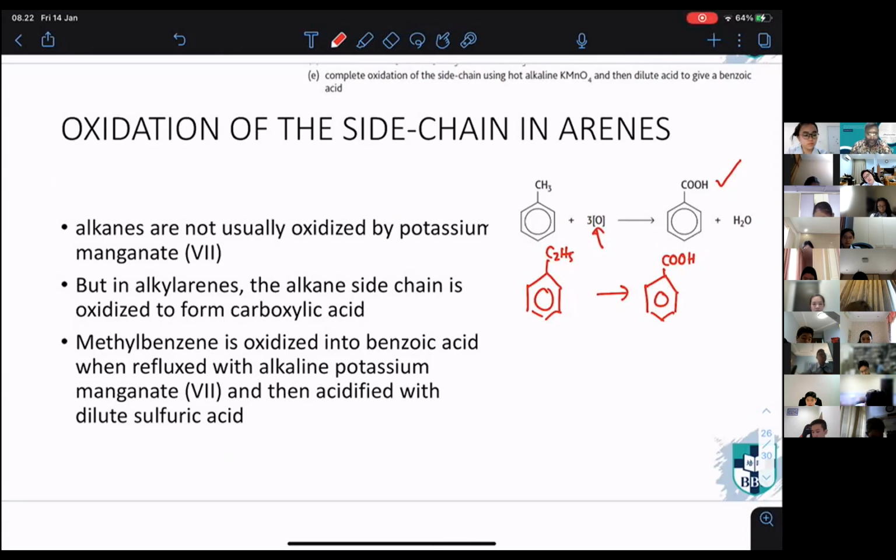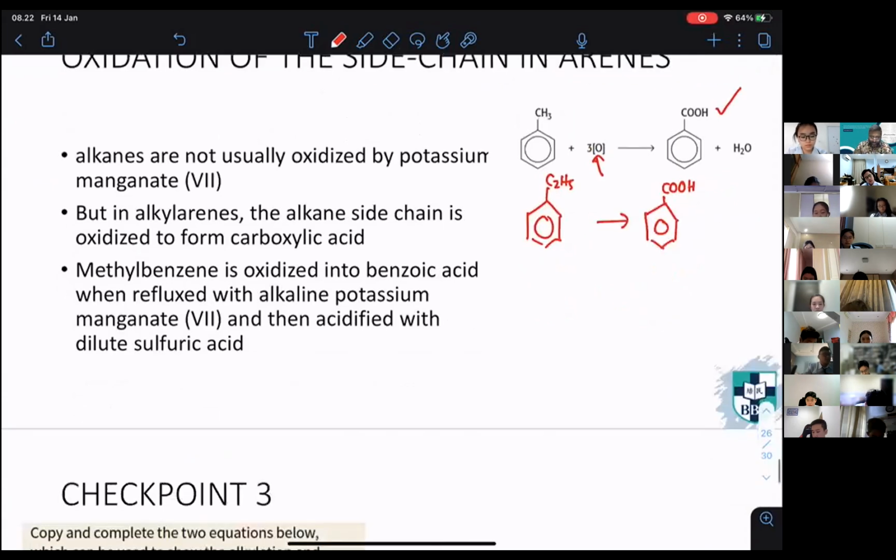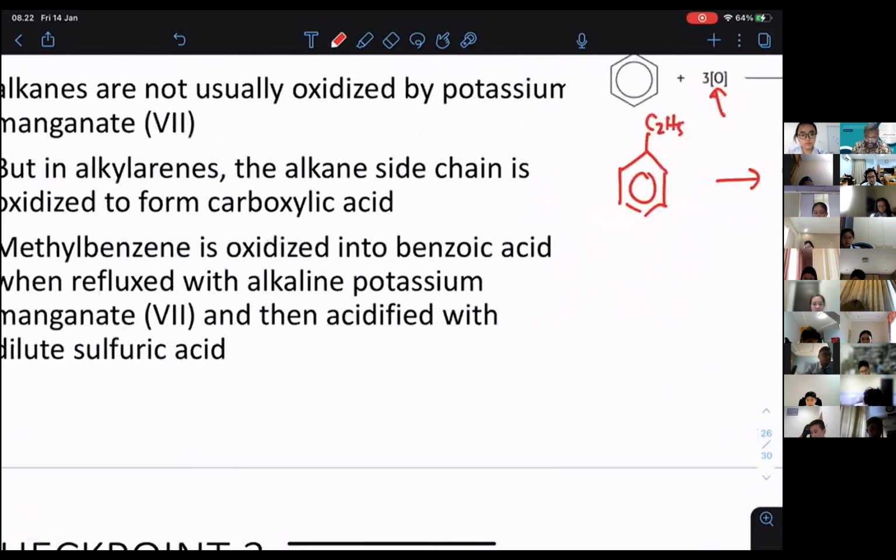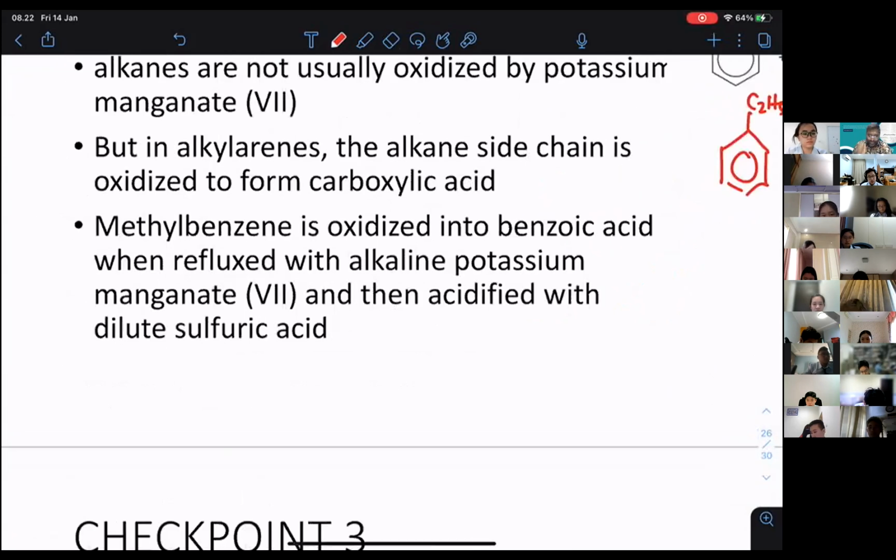Okay, Josh was actually asking about this, which is a good question. They say it is oxidized to benzoic acid when you reflux. The condition is that the reflux must be alkaline, because normally we reflux with acidified potassium manganate, but now you oxidize with alkaline potassium manganate.